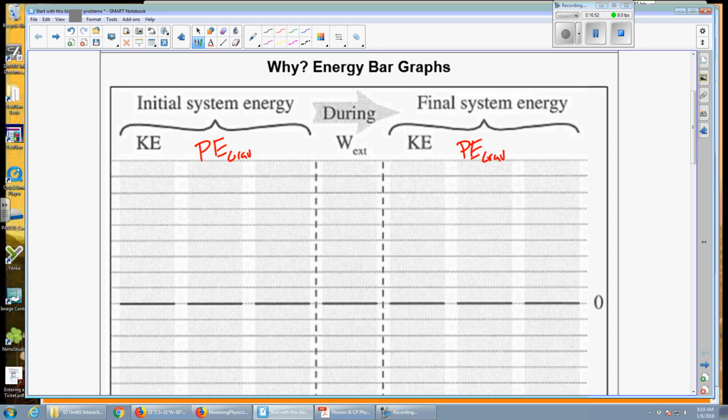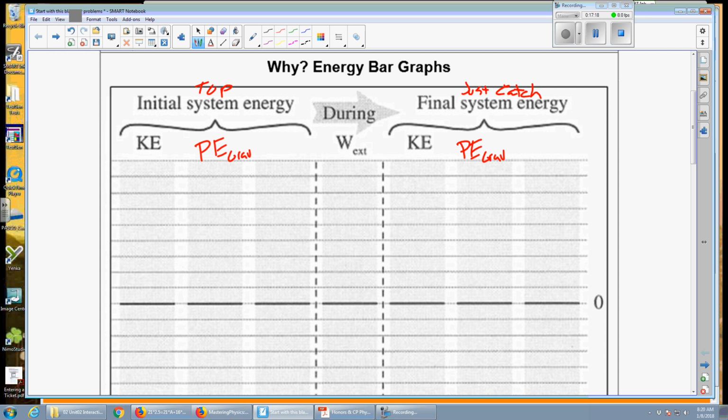I don't think there's any other energies going on here. So my initial is going to be at the top, and just before the catch will be my final in this. Not like when it's finally stopped. Although I could do energy for that, I think it'll be easier to do with momentum.